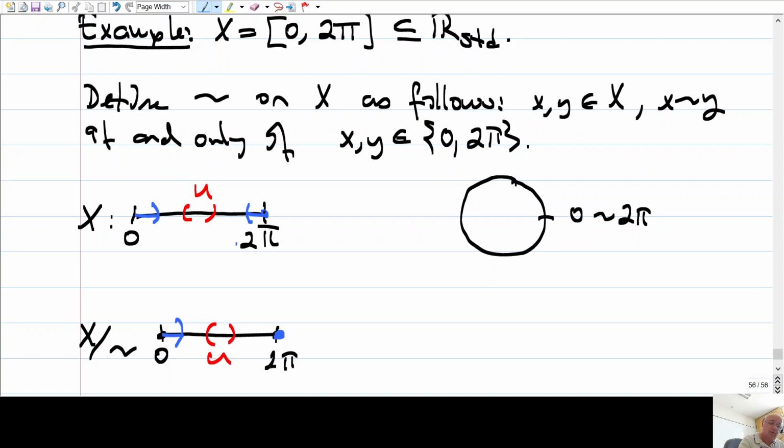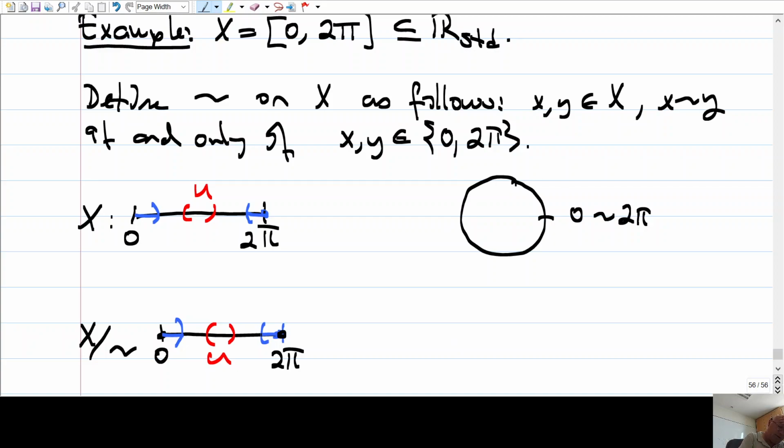It should contain both intervals. Therefore, an open set containing this point should have two pieces, because these two points are the same, and an interval containing 0 should have both a piece containing 0 and a piece containing 2π.